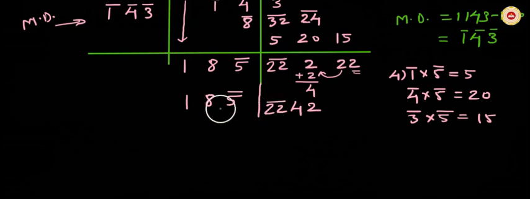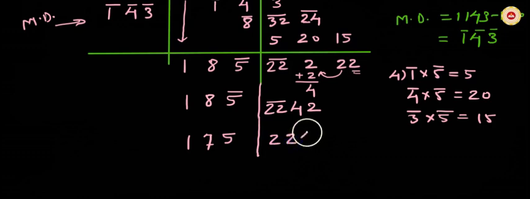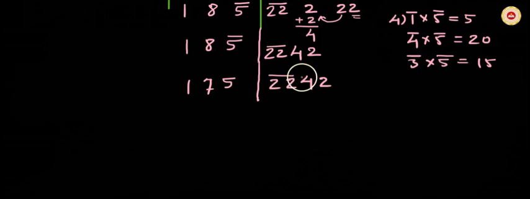So friends, come to this part, quotient part. Last digit is negative. So it is vinculum form. So let us convert this into normal form. So 1, 7 and 5. And in this part, 2242 with first 2 digits negative.